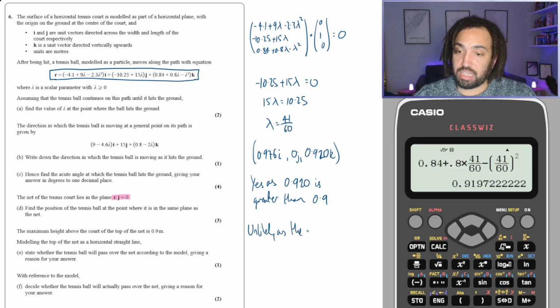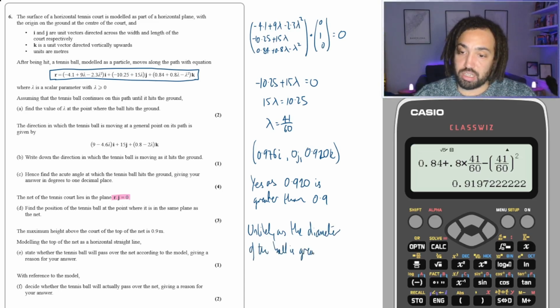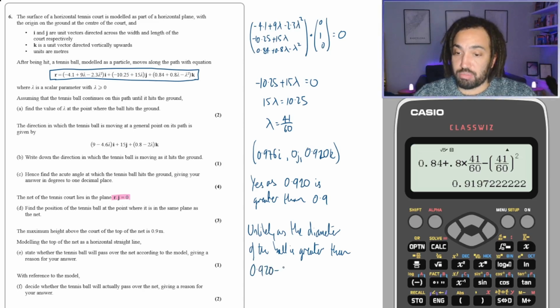as the diameter of the ball is greater than 0.920 minus 0.9, which equals 0.02 meters.